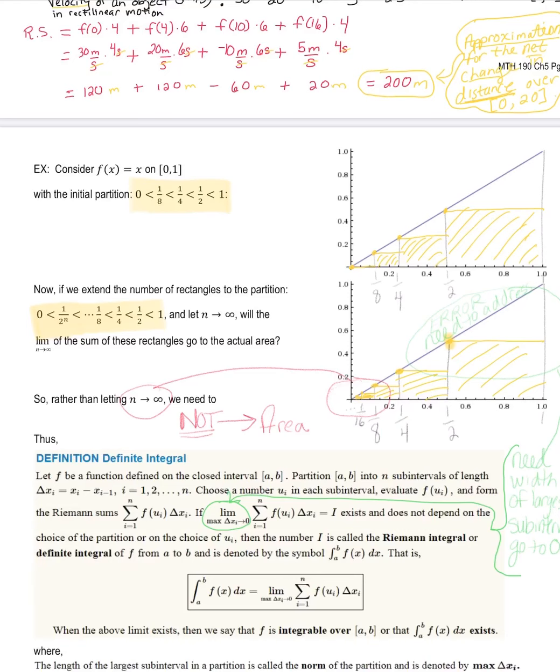So when this limit exists, we say that the function is integrable, we're able to find this actual area. A lot like what we did last time, the only difference now being we're letting the width of the largest partition go to 0, or largest subinterval, and now we're no longer assuming equal widths, right? Because there's the delta x sub i.